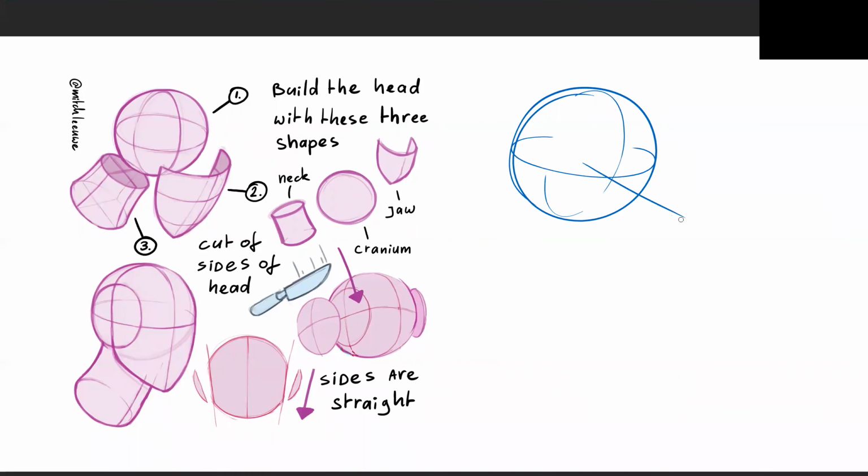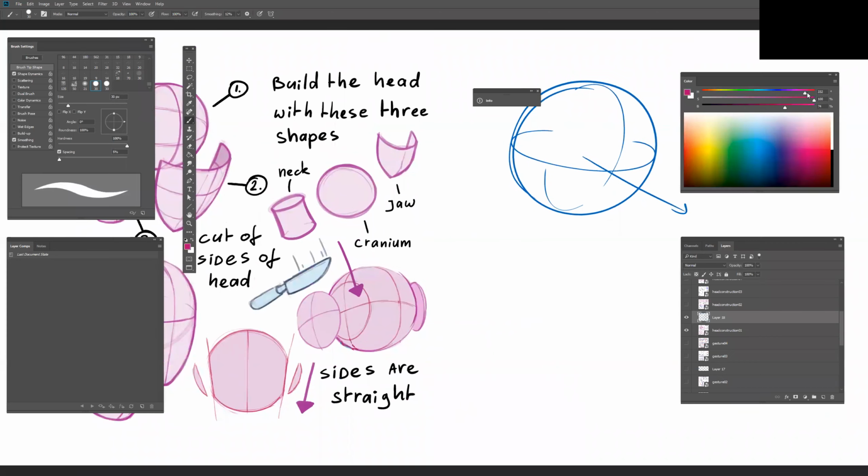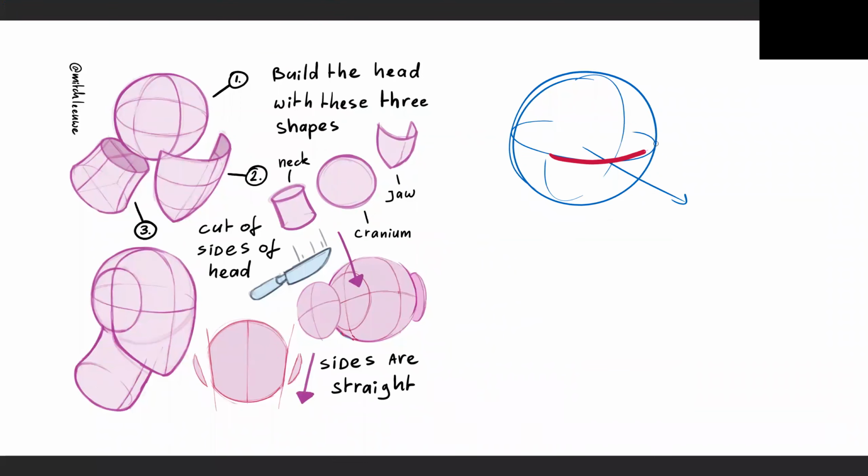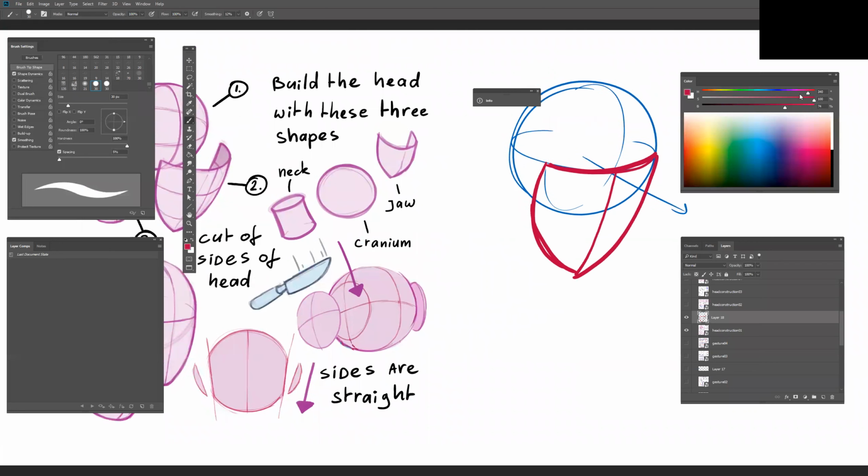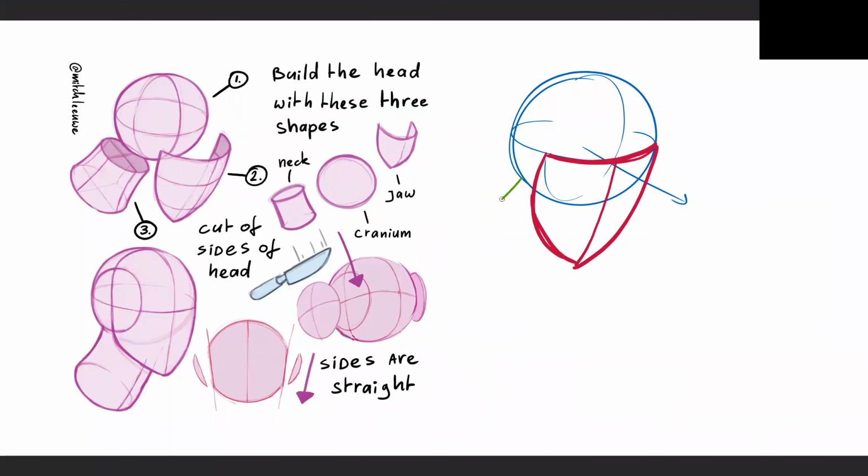So now he's looking this direction. Then we can, let's pick a different color. We can create this mask in the middle and go something like this. Then we have the jaw. And then we can take a different color. And this is mostly the times how I start with drawing the head. And then you can add the neck.